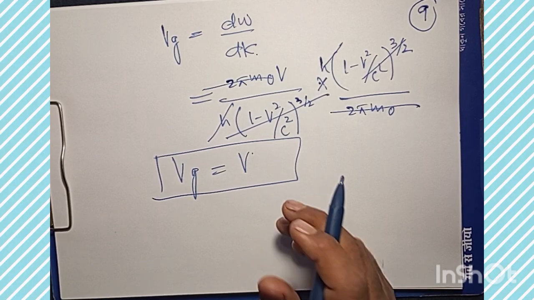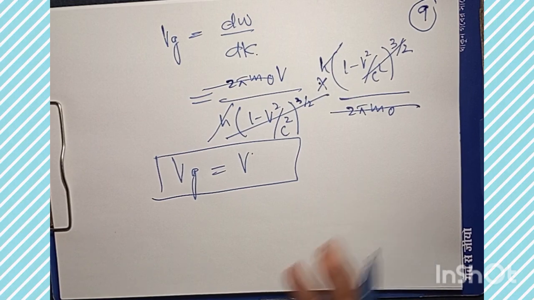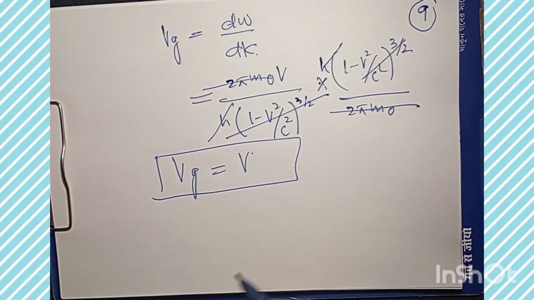Here we see that the group of waves is associated with the particle itself, and the velocity with which the particle is moving is the same velocity with which the group of waves travels with the particle.